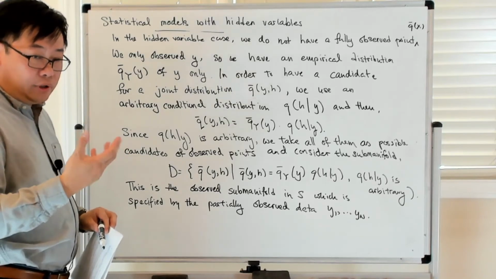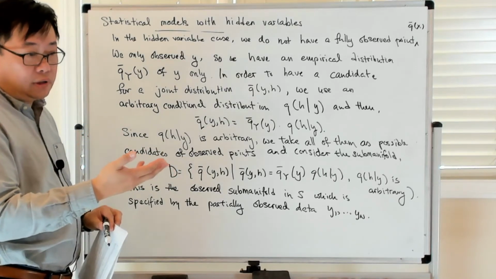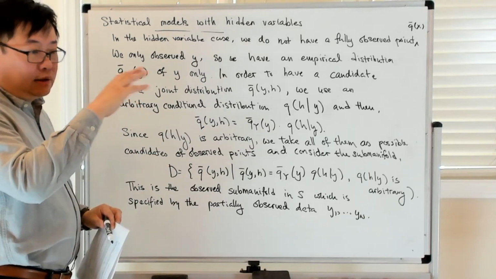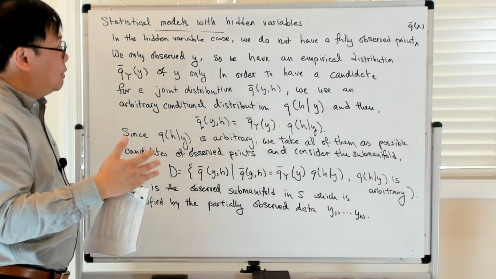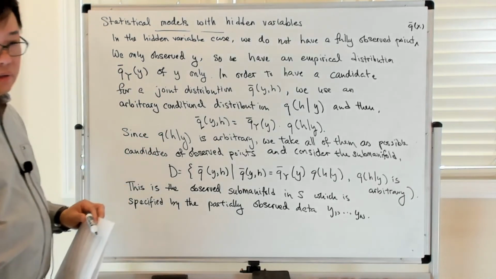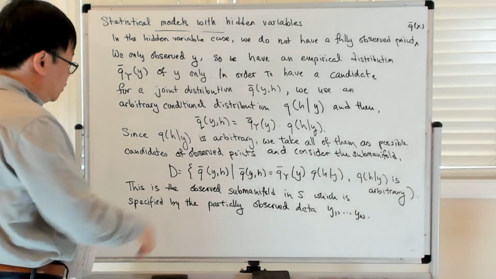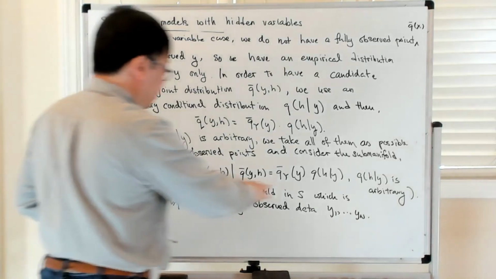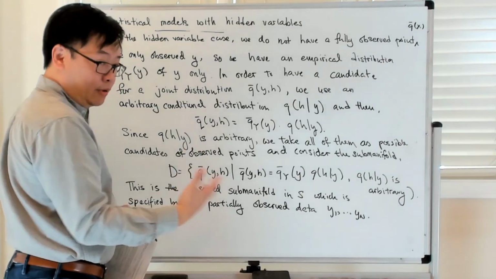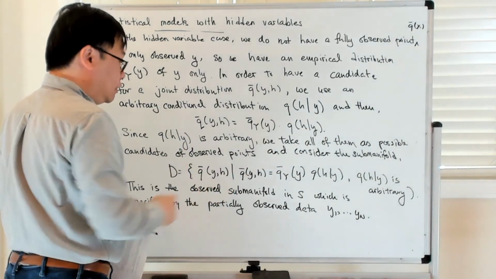The empirical distribution which you get from just the observable data is consistent with a set of points on the statistical model space. And I've written this set of probability distributions which are compatible with this empirical distribution in the following way here.